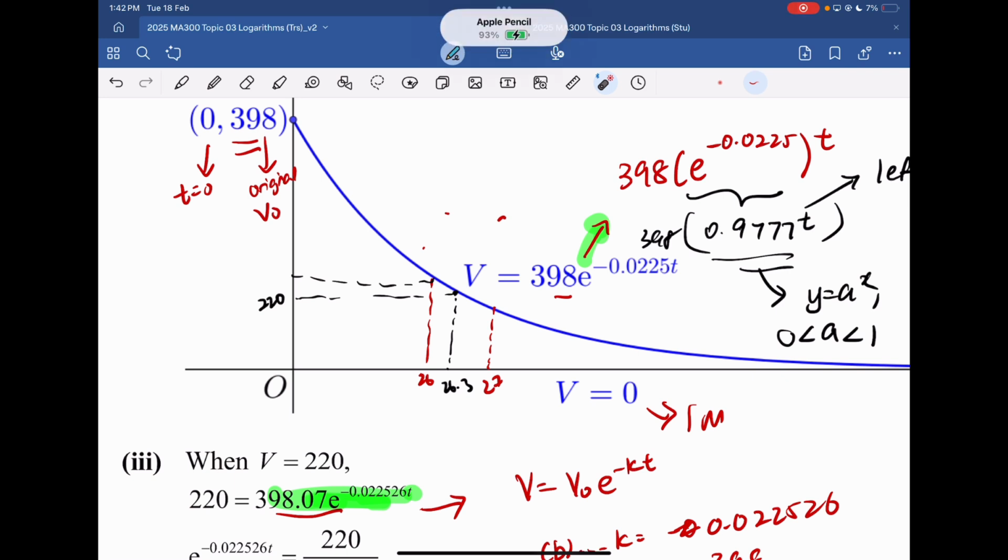I will say this: if I want the value of the car to be 220,000, I need to wait at least 27 months. If I wait 26 months, not there yet. If I wait 27 months, below already. That's what I mean.